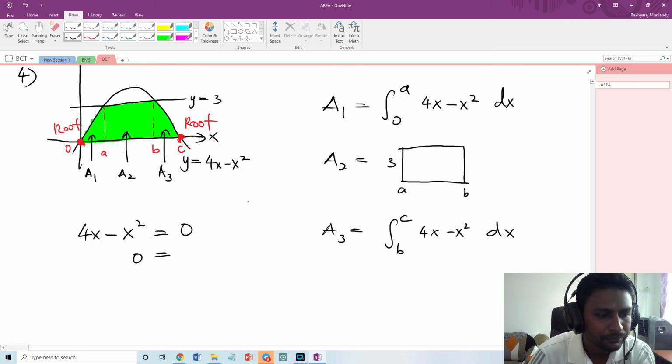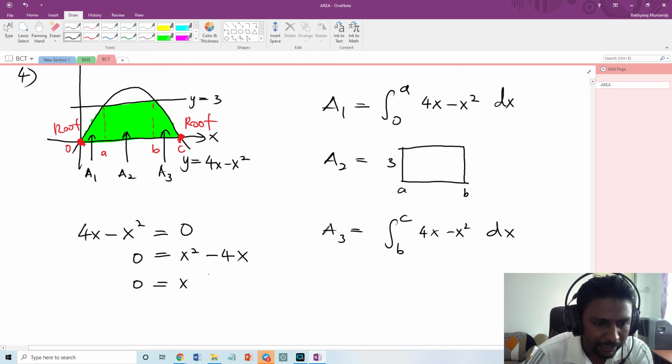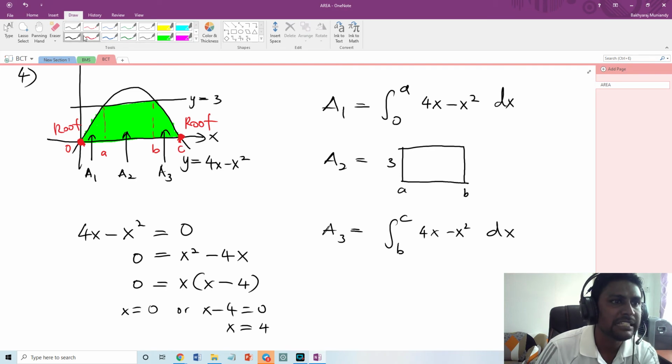So 0 equals what? Correct. Factor out x: x times (4 minus x), so one answer is x equals 0, because x becomes zero. Or 4 minus x equals 0, so x equals 4.